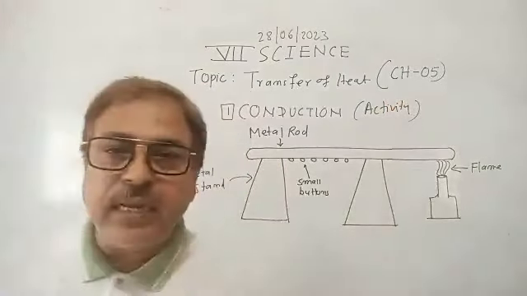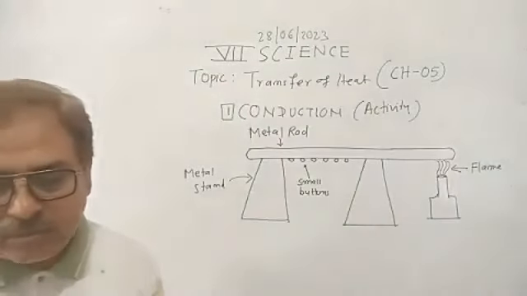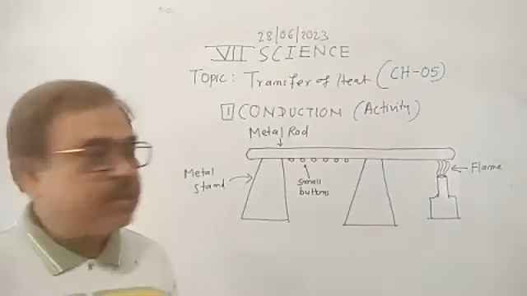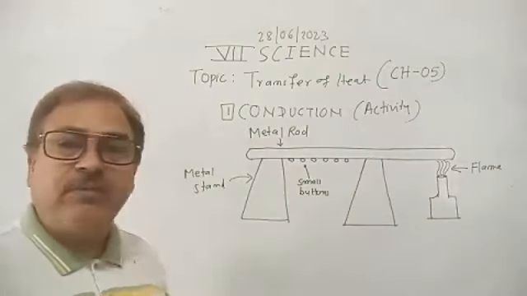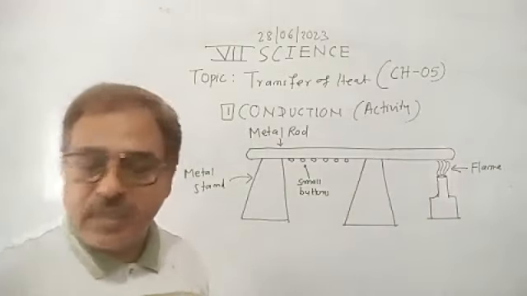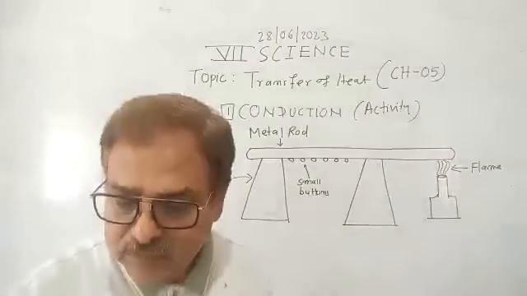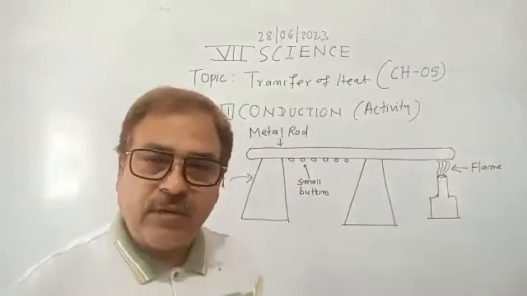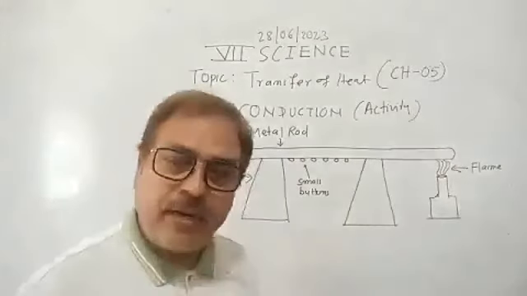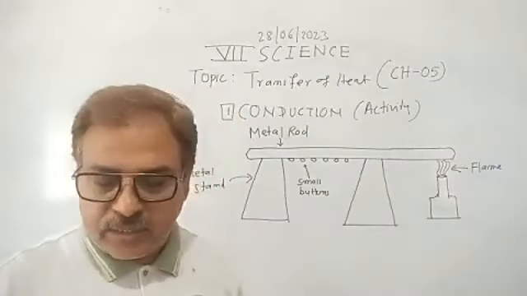You can see in the diagram here, some small buttons are fixed on the wax layer of the metal rod at regular intervals of distance, and when the wax solidifies and hardens up, the buttons are fixed into it.